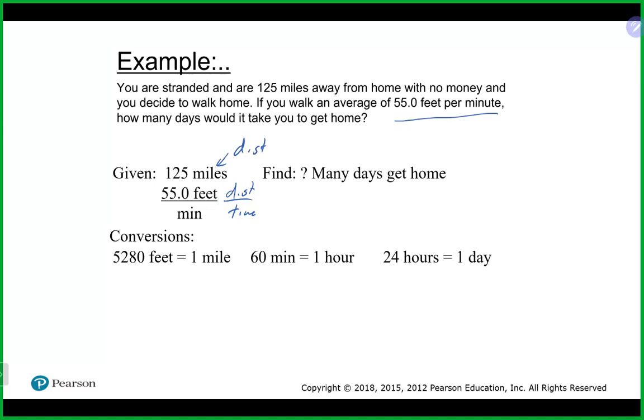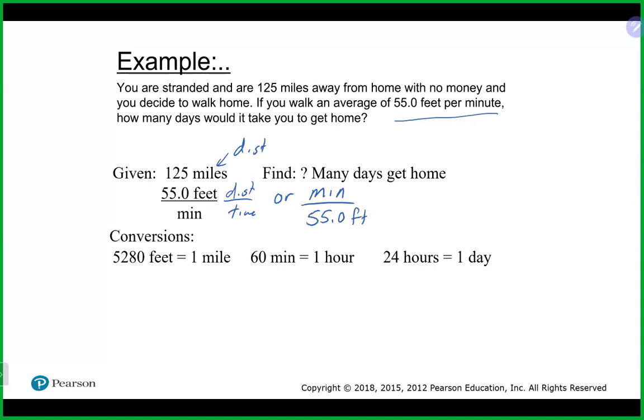And that rate is what's going to allow us to go from really the distance to time. And because it's given to us in the problem, it really is like a conversion factor. And we could use it in the other fashion there by putting minutes on top and feet on the bottom. And again, just choose which one we want to use.